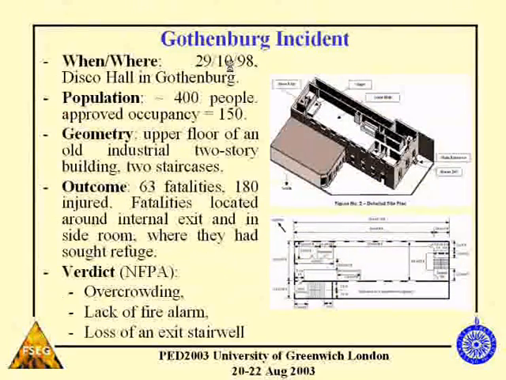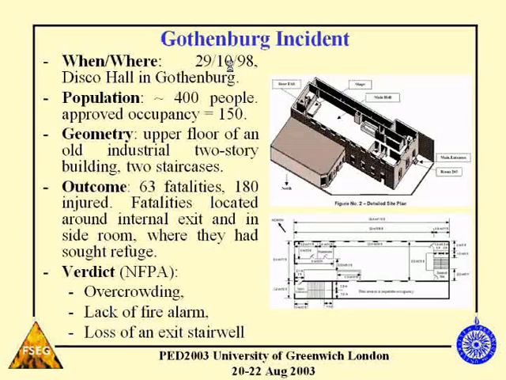Just to recap the Gothenburg incident, it took place on the 29th of the 10th, 1998. It was a disco hall in Gothenburg. It was estimated that there was something like 400 people in the building, whereas the occupancy was approved for 150. The upper floor of the building where the disco was taking place was actually an old industrial building, and 63 people died in the ensuing evacuation and about 180 were injured.